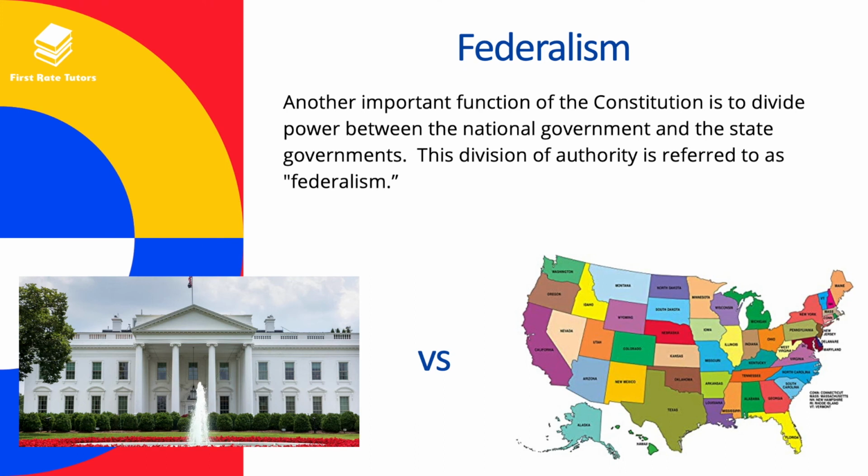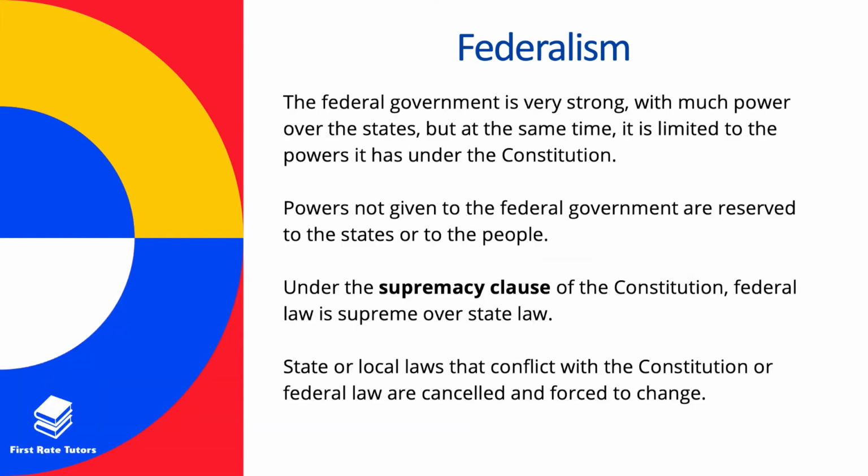Now, federalism, of course, is really important. Another important function of the Constitution is to divide power between the national government and the state governments, and this division of authority is referred to as federalism. As you can see in the image, you can see the White House, which represents the national government, versus the different states within America.